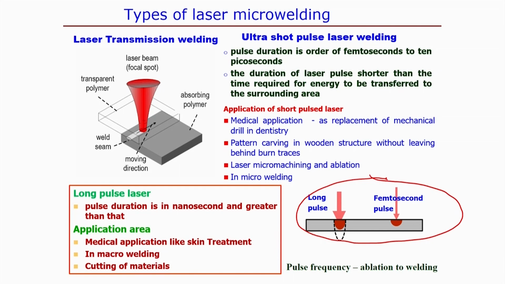We will try to review, in the ultra short pulse laser domain, what types of materials we can use for welding purposes, and what type of laser we generally use for welding of metals, non-metals, or dissimilar combinations of materials. So it is very significant that there is still a lot of development happening in welding processes using the ultra short pulse laser.